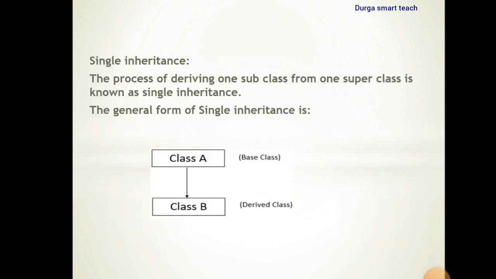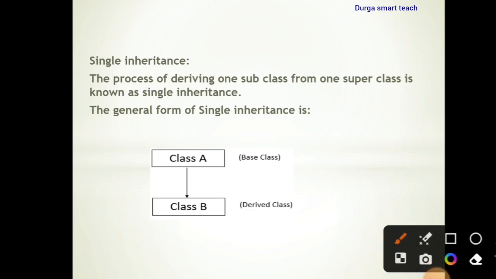The first one is single level inheritance. Single level means only one class. Here let's see the process of deriving one subclass from one superclass, which is known as single level inheritance. Here A is a superclass, also known as base class.